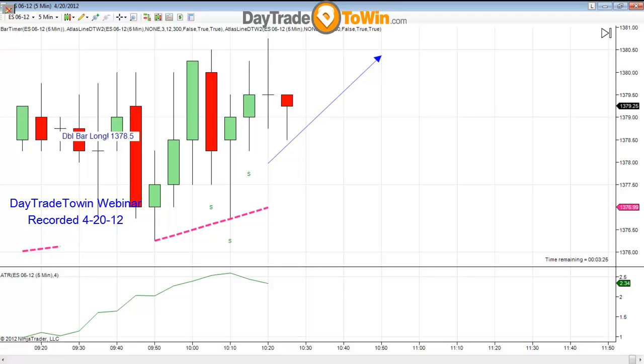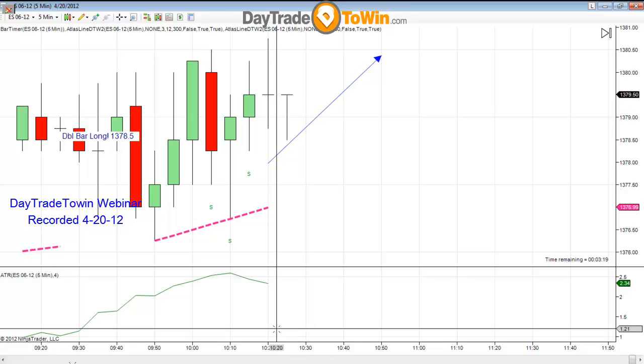And because we are above the Atlas line, the bias is going to be to the long side. All right? And therefore, I'm only going to take long trades. The long trades are going to be based off of the pullbacks or market pulling back. And long trades are going to be also taken based off of strength. So whether the market pulls back or whether the market shows me strength, as long as we're above the Atlas line, I'm going to continue to take long trades, right?